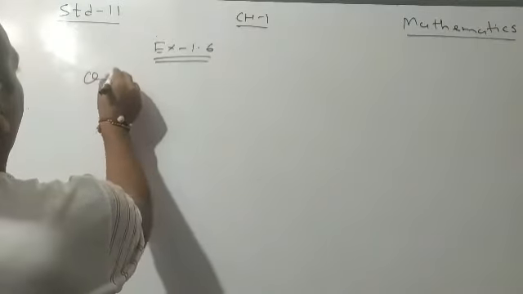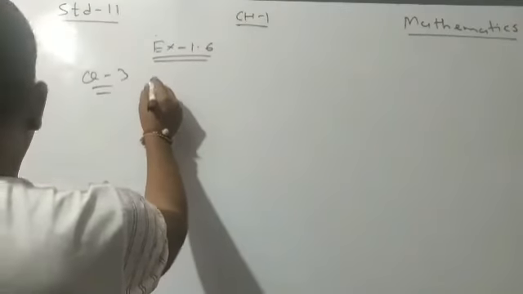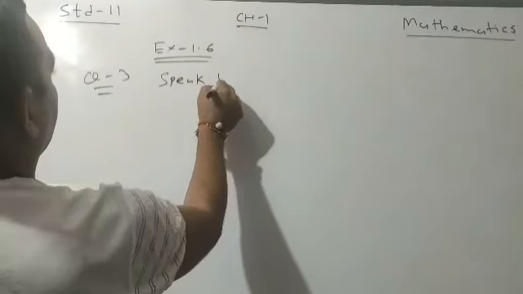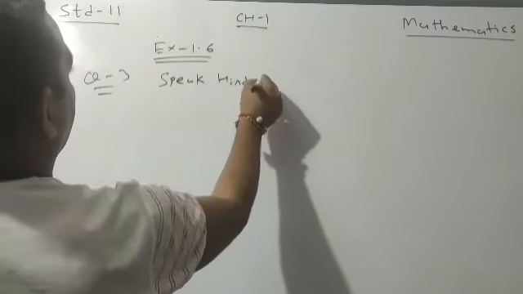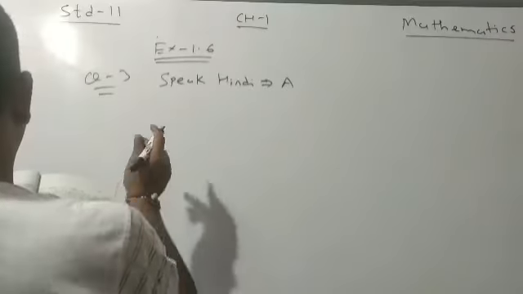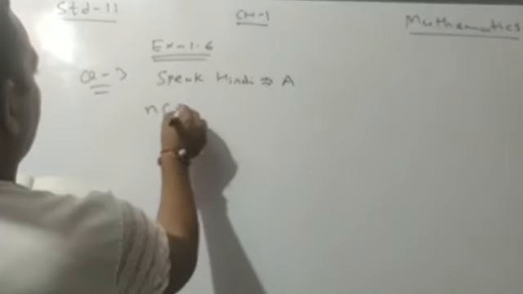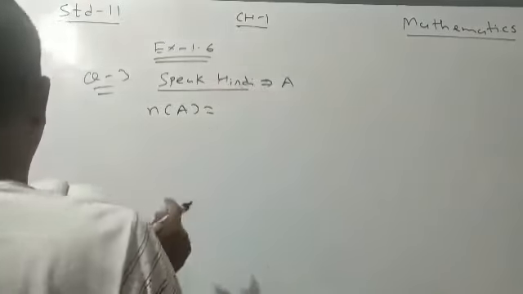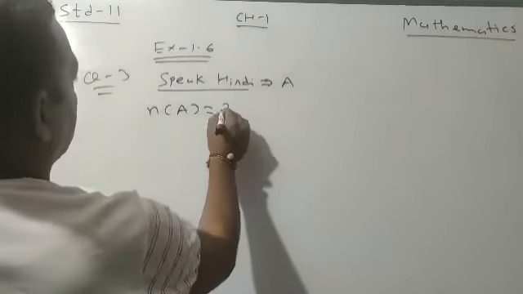So you have to write specifically that a person who speaks Hindi is an element of set A. So the number of elements in A, because we have declared that a person who speaks Hindi is in A, so we will write n of A is 250.